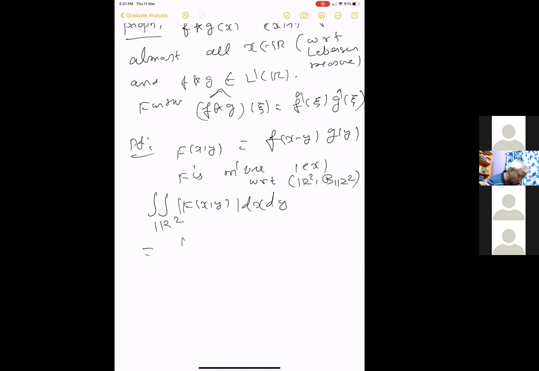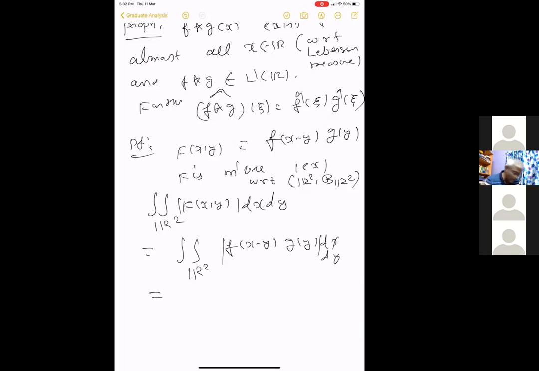That is equal to the integral over R2 of the modulus of f(x − y) g(y) dx dy. Now let us first integrate with respect to dx.